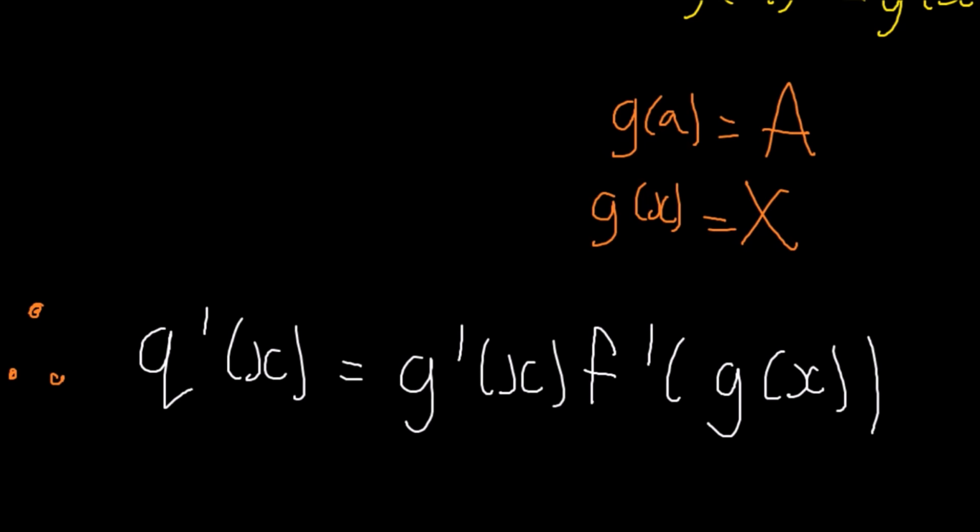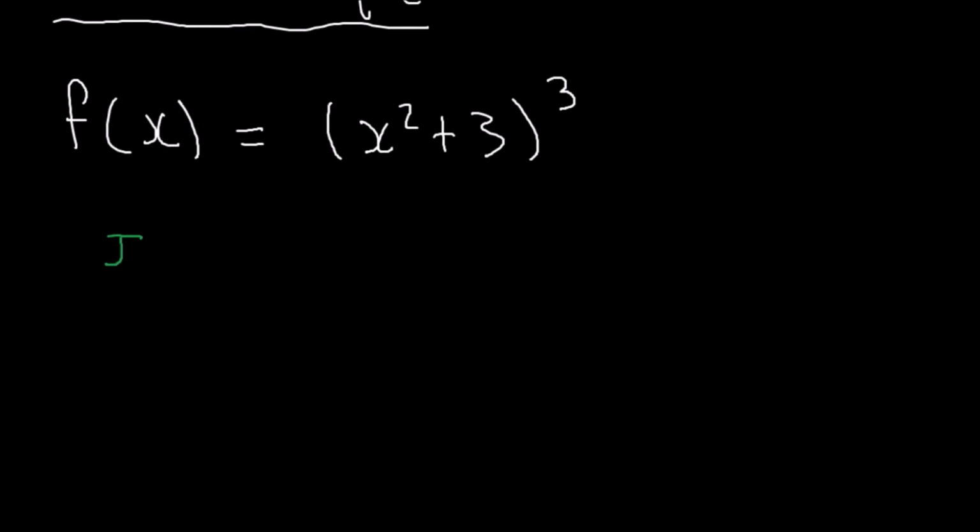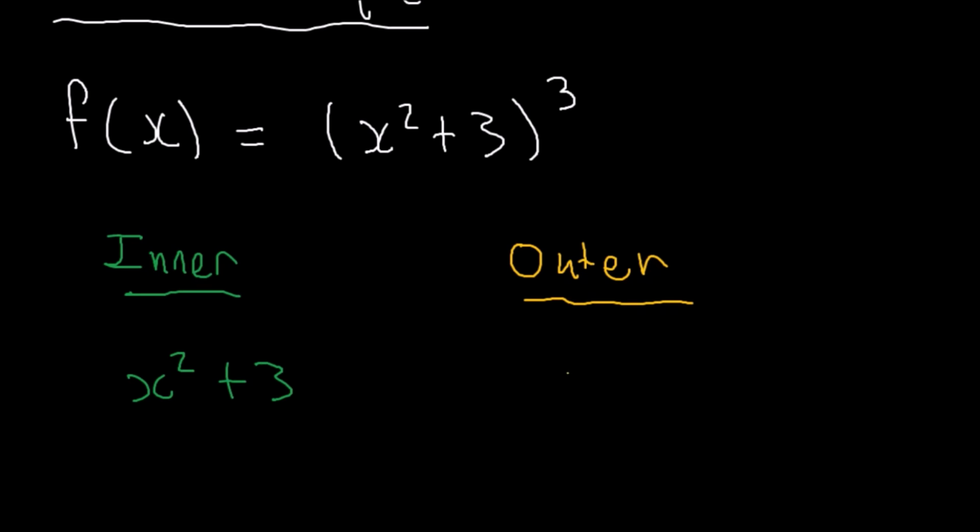For a brief example, and I will go through more examples in a future episode, let's look at f of x equals x squared plus 3 all cubed. Our inner function in this case is x squared plus 3, and the outer function is u cubed. Not to be confused by the fact I used a u for the outer function, mind you.